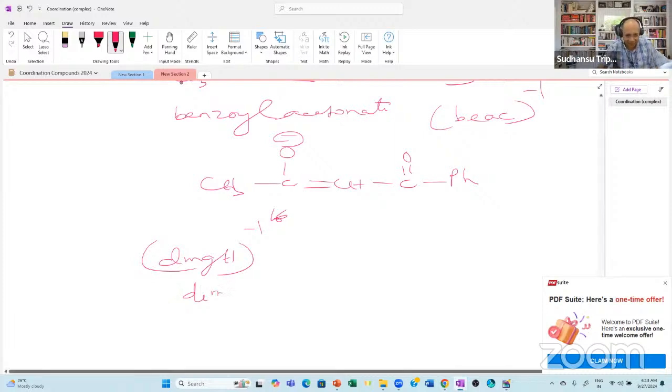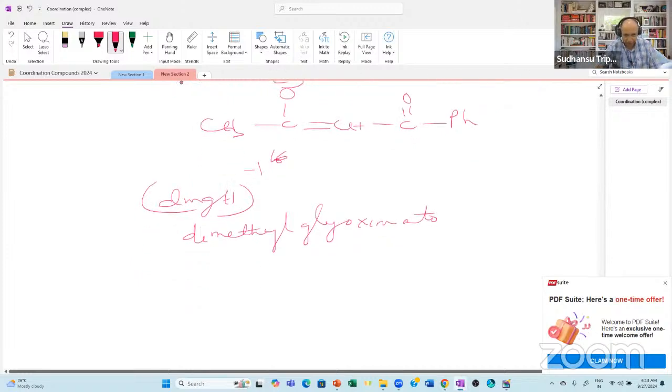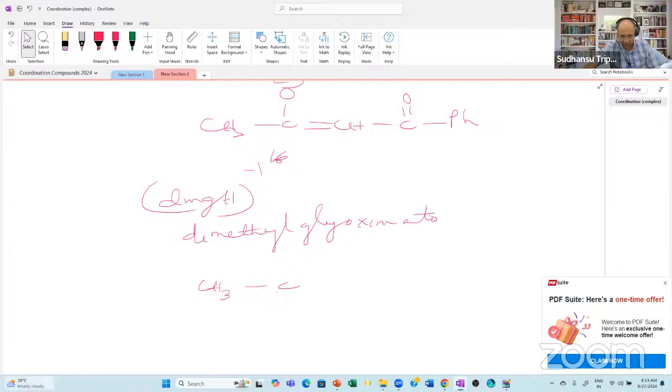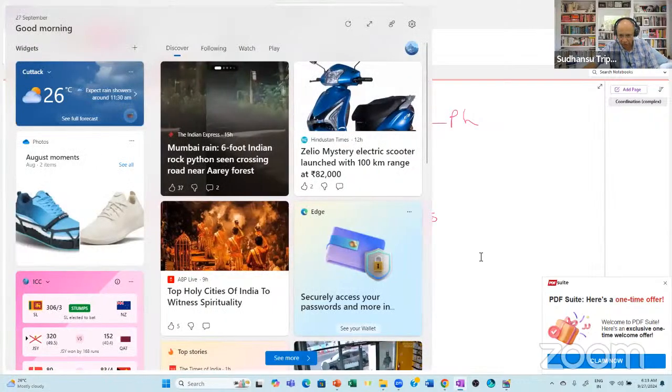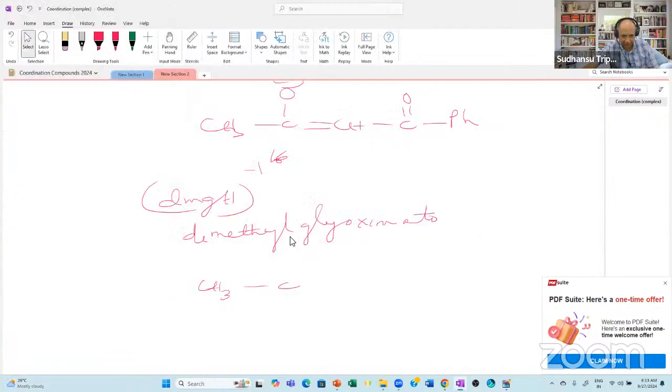It is dimethylglyoximato. I will just ask you to draw the structure from here to save time.